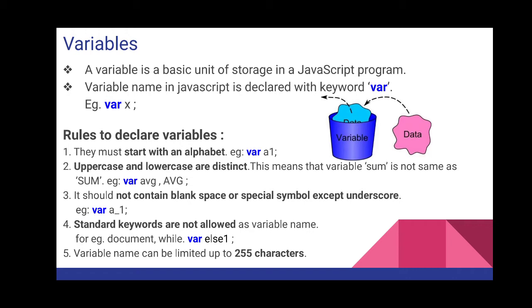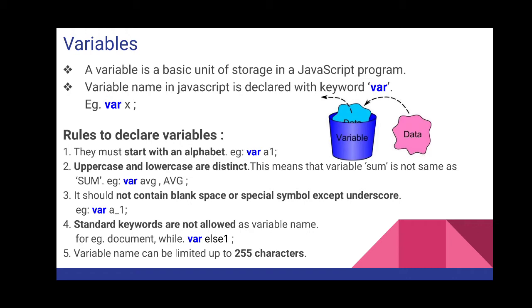Okay. Second, uppercase and lowercase are distinct. We have already discussed that JavaScript is a case sensitive language. So though the spellings are the same, if the cases are different, they are treated as different. This means that suppose I have taken a variable called sum, and another variable I have taken as capital SUM.